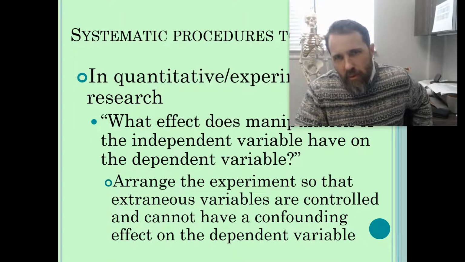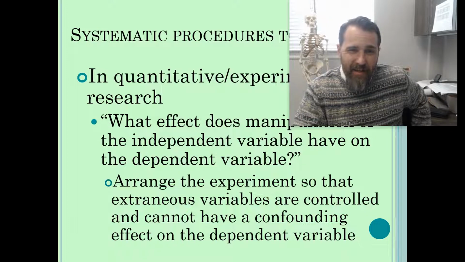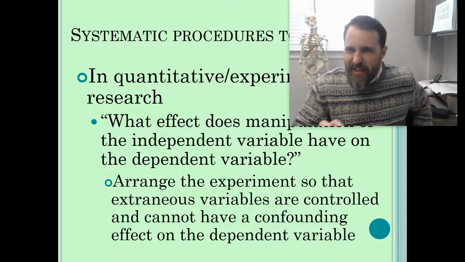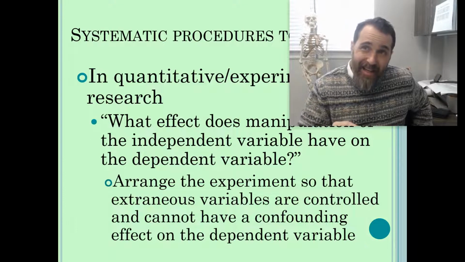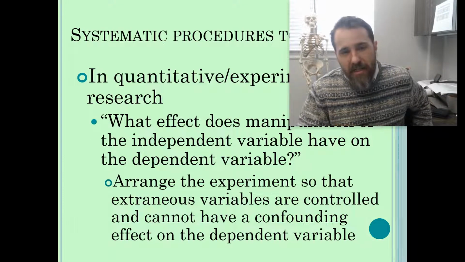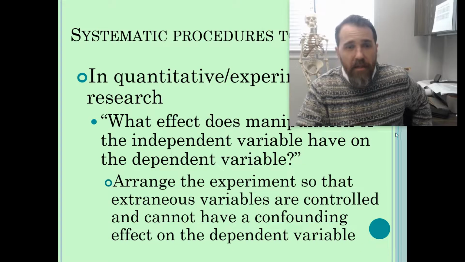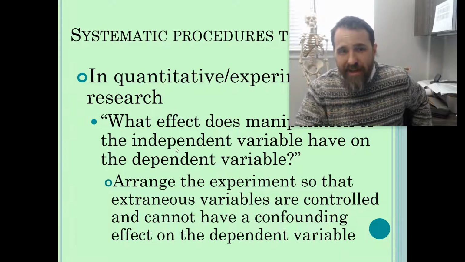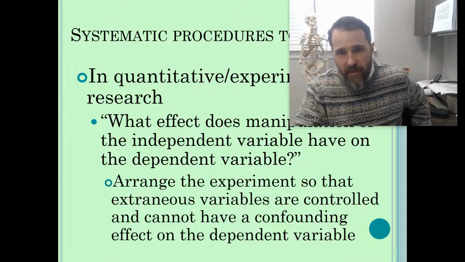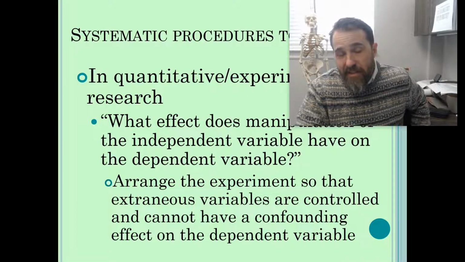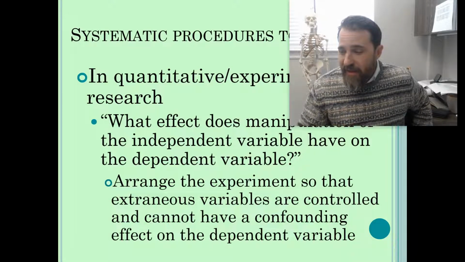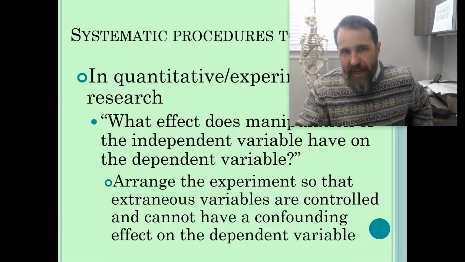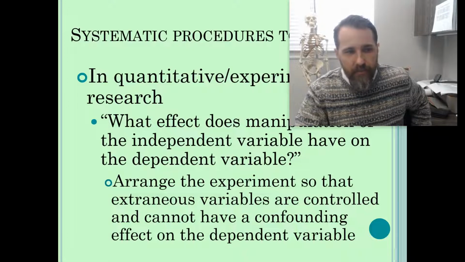So you want your research design to answer in as clean-cut a fashion as possible, in as elegant a fashion as possible, what effect does manipulation of the independent variable have on the dependent variable? So in my last quick example, I want to know what effect this aphasia therapy has on people with aphasia.